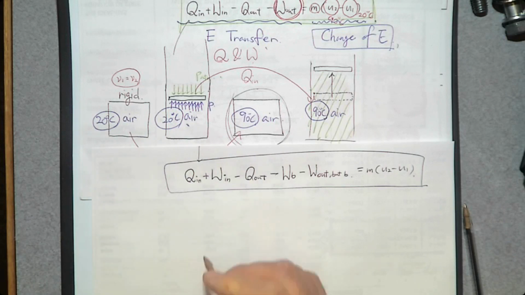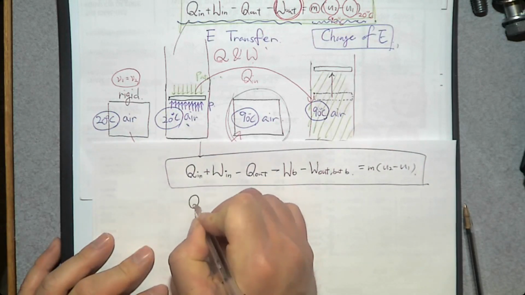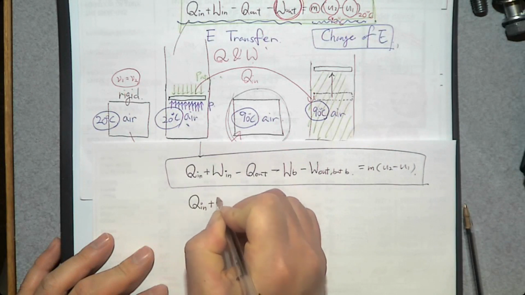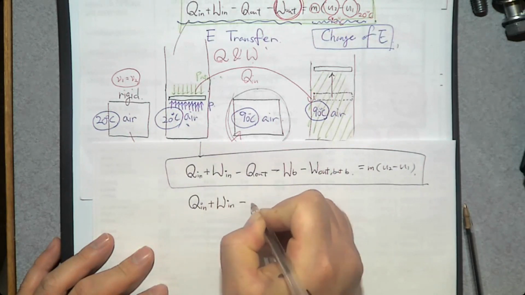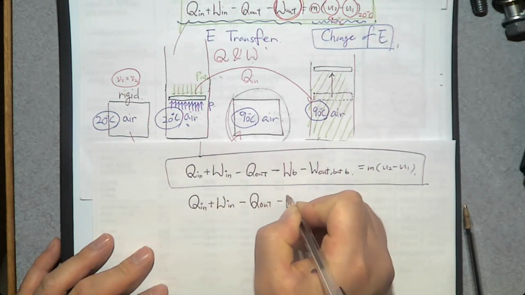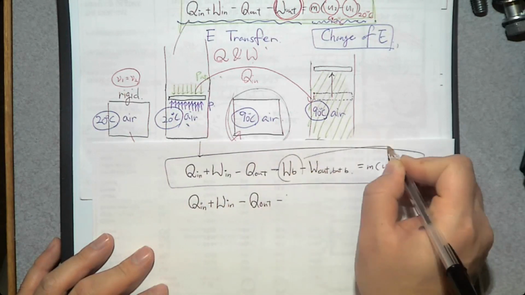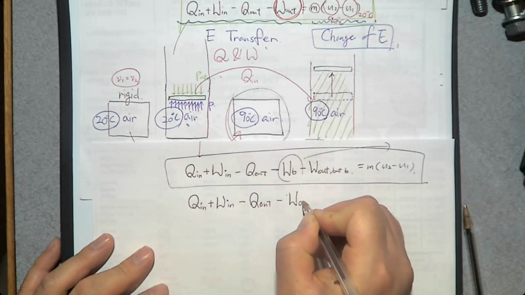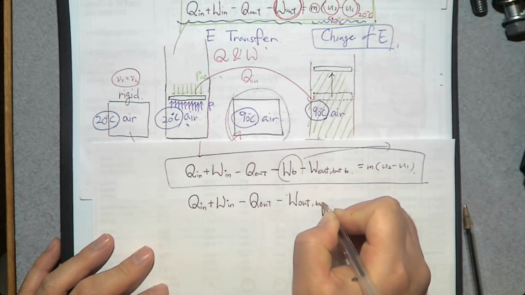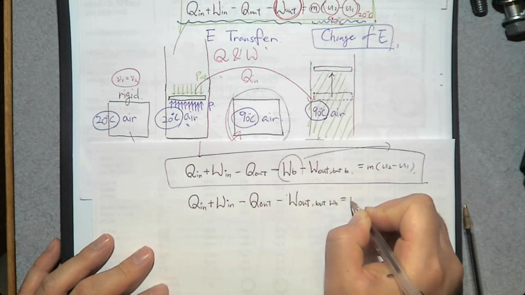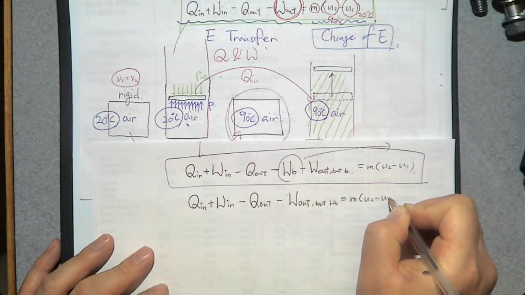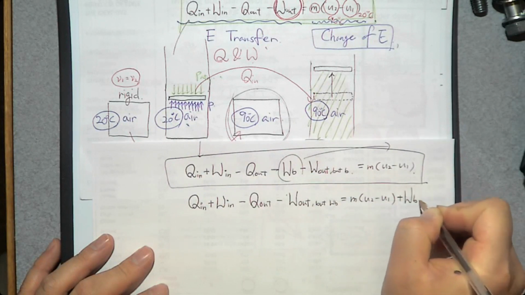Then this equation should be rewritten as Q in plus W in minus Q out minus W out, but moving boundary work, is mass times U2 minus U1 plus WB.